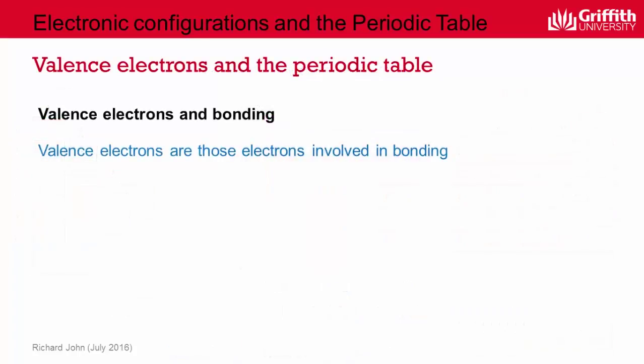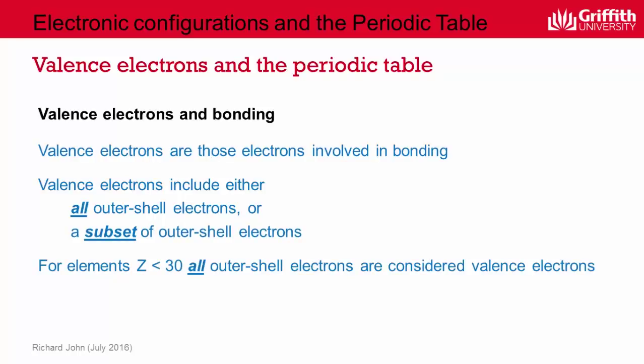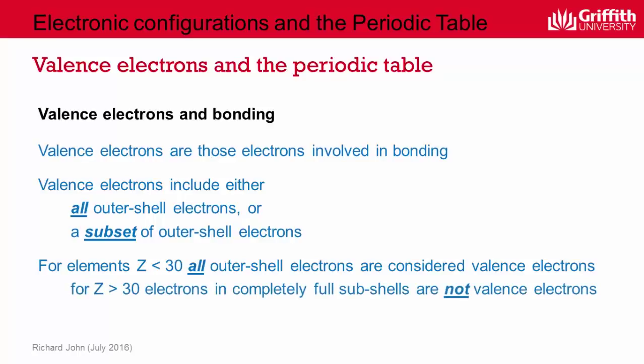Now remember that valence electrons are those electrons involved in bonding. And valence electrons include either all of the outer shell electrons or a subset of the outer shell electrons. So for all elements of atomic number less than 30, all of the outer shell electrons are considered valence electrons.